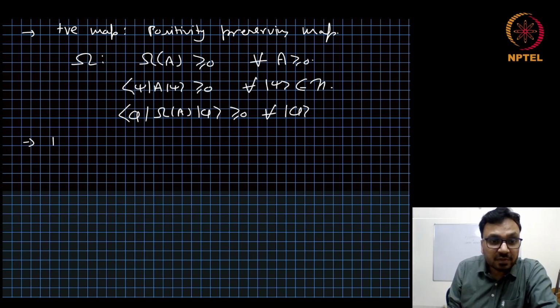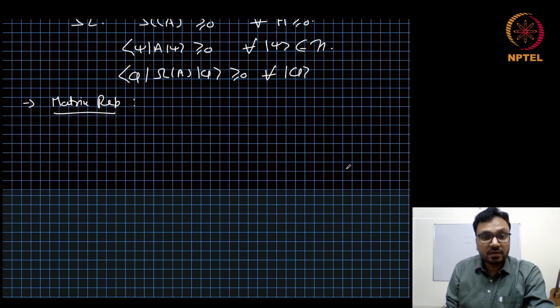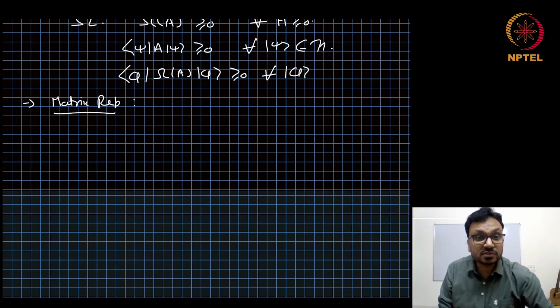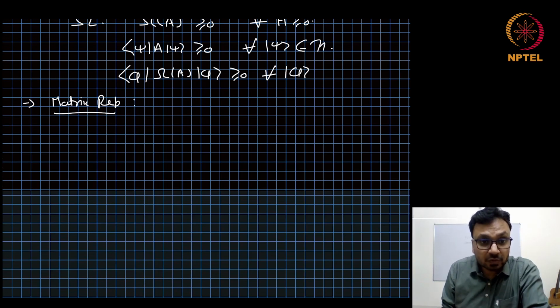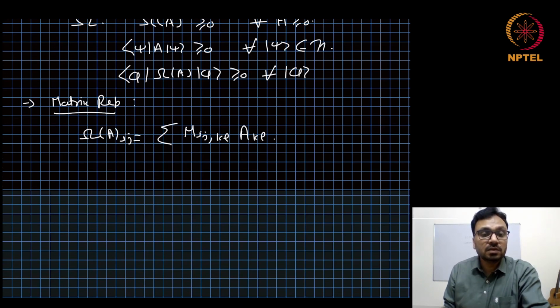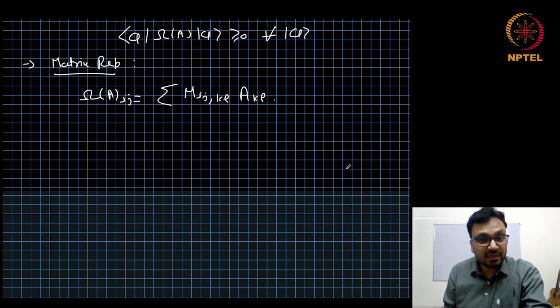Now, the matrix representation of this positivity preserving map: we will derive the condition over the matrix M for a positive map. So omega of A ij is like we have M ij kl A kl.